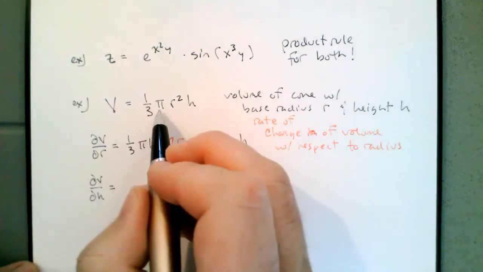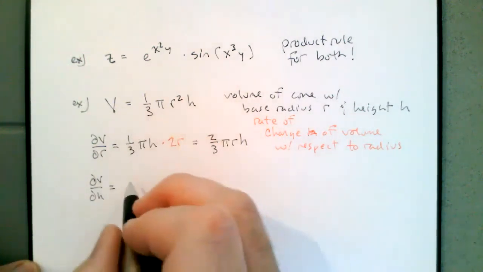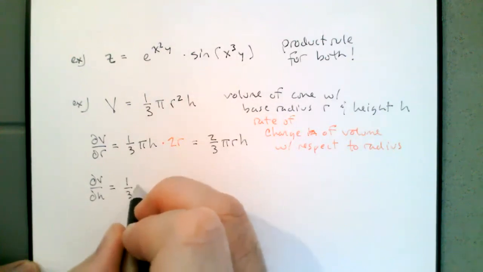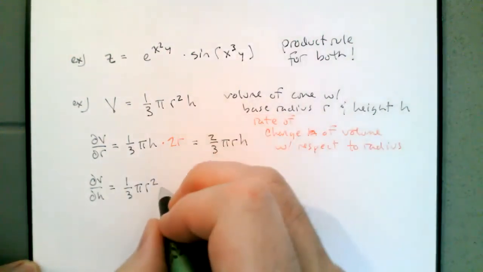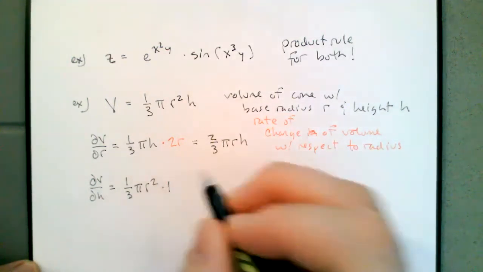So 1/3 pi and r squared, all that is constant with respect to h. And then the derivative of h is just 1.